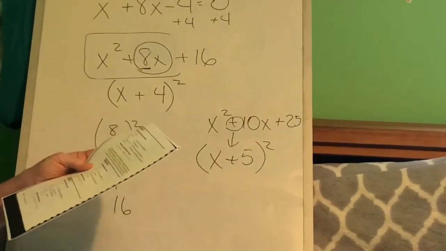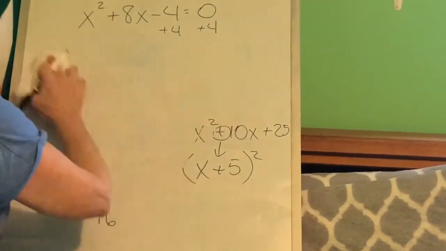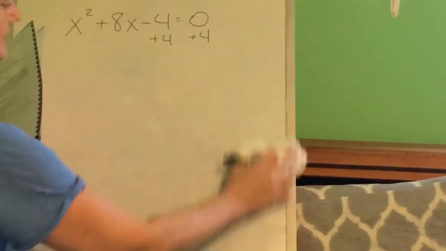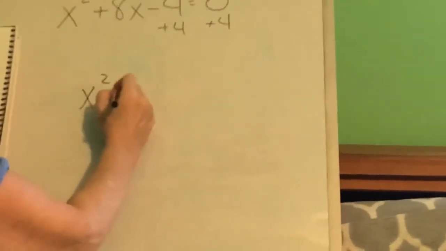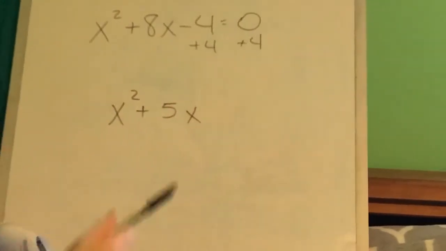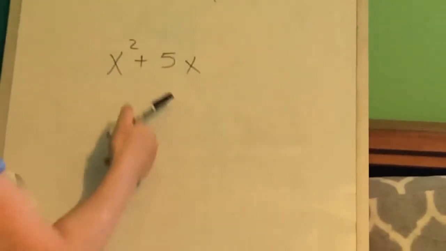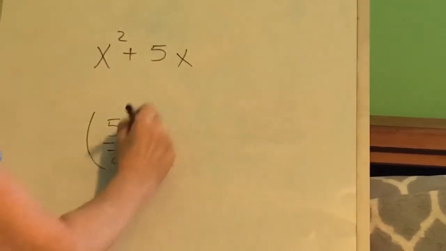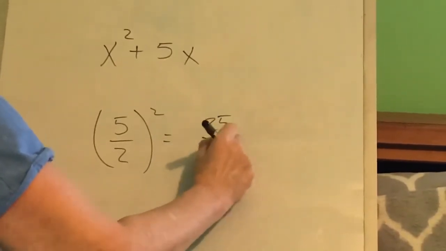Now, if you get to 9.3b, it becomes maybe slightly more confusing because instead of having a constant for the linear term, we have, well, we do have a constant, I misspoke, but it's not evenly divisible by 2. So here we see if we have 5 halves dividing by 2 and squaring, we're simply going to end up with 25 over 4.